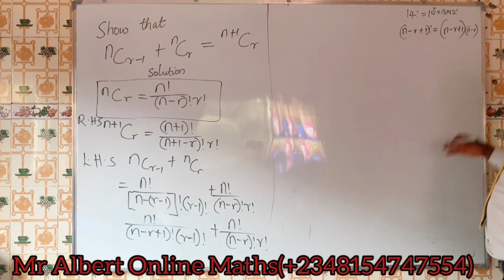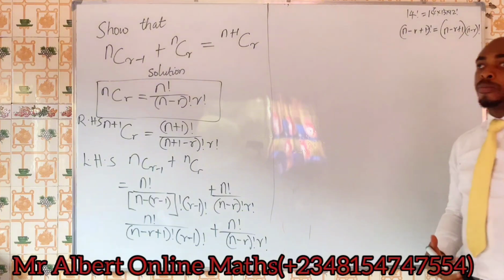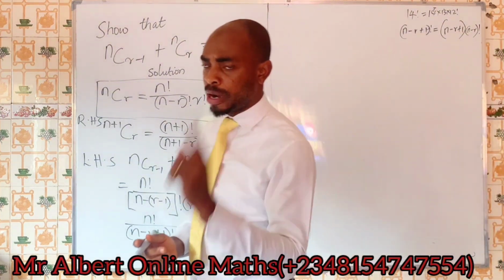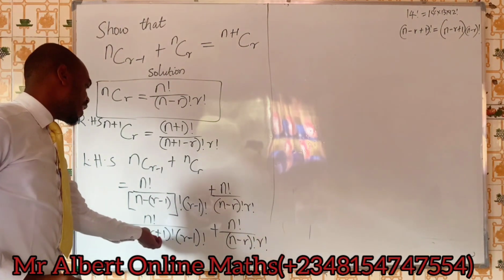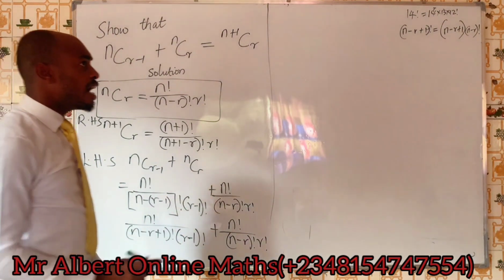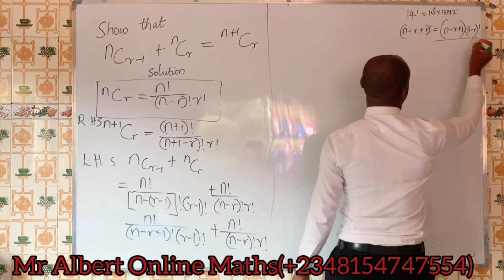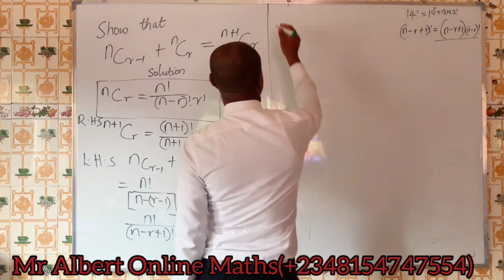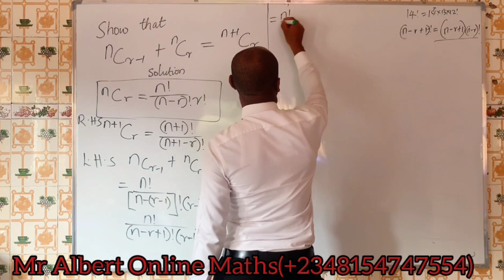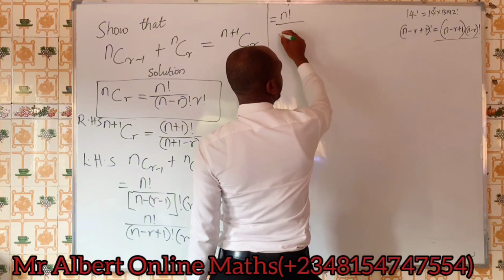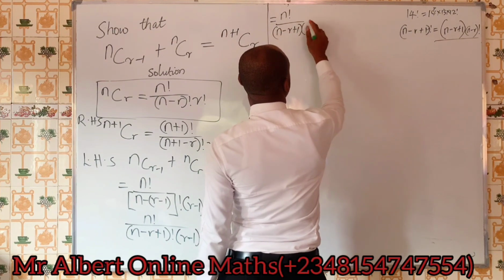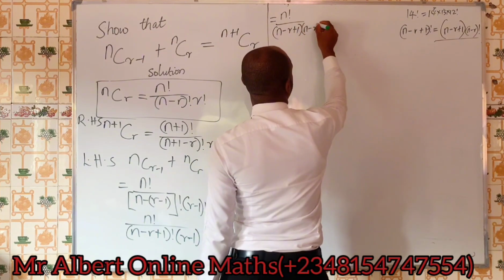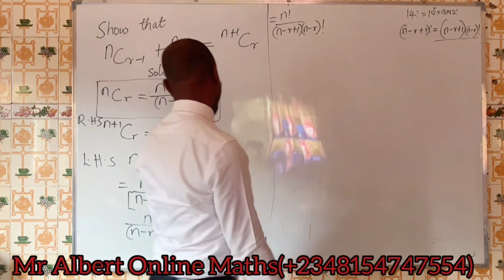So I put factorial, which means the multiplication by a decreasing number continues. So in place of this n minus r plus 1 factorial, I will use this expression. Please take note. So what I will do is n factorial all over n minus r plus 1 times n minus r factorial. We are done with that.